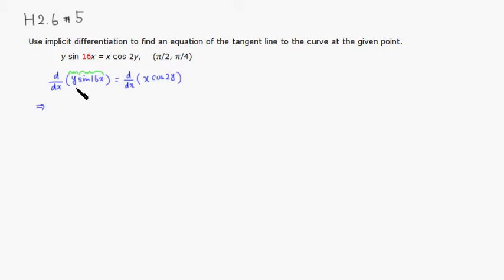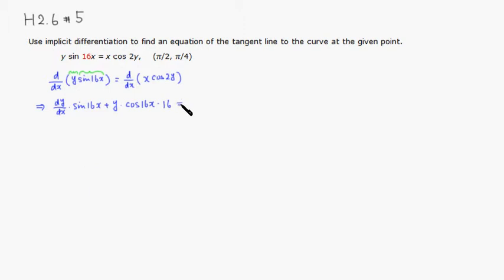The derivative of y would be dy over dx multiplied by the second guy, so you have sine of 16x, plus y, the first guy, times the derivative of sine of 16x. The derivative of sine is cosine of 16x, but you need to multiply by the derivative inside, which is 16. So we have that.